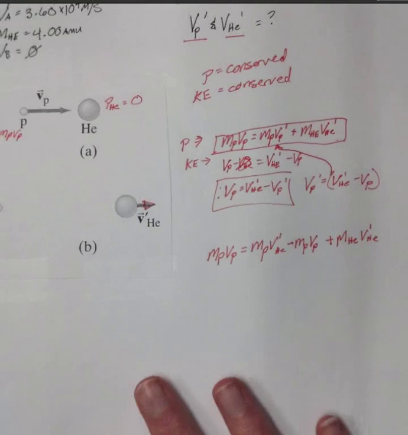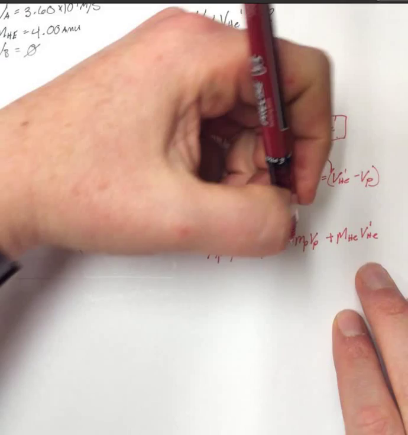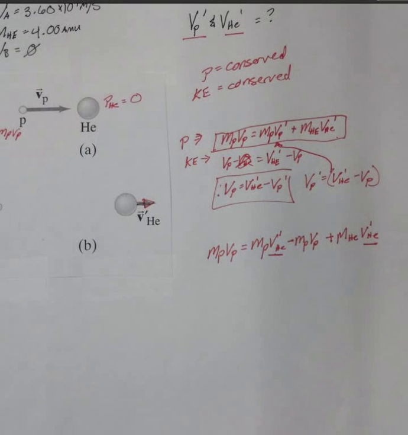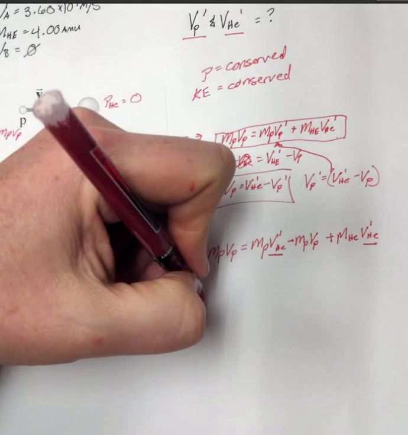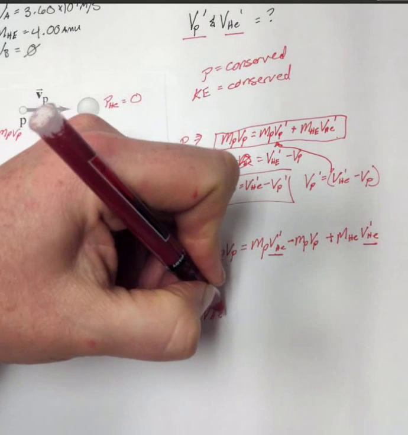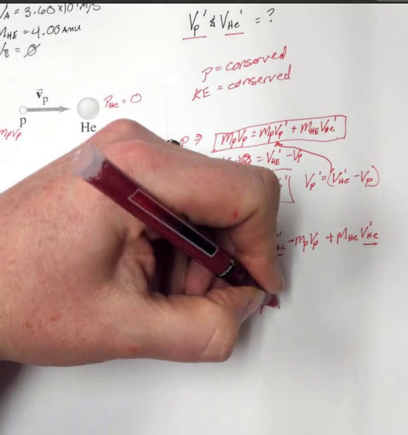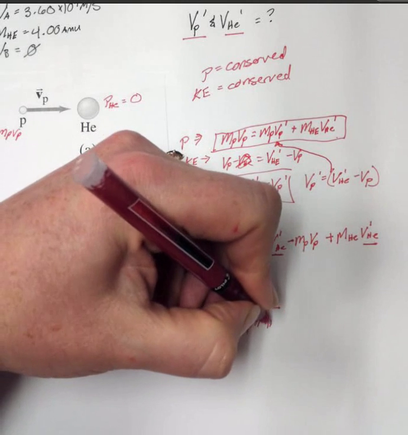So, moving on, when I substitute that into the momentum equation, we can solve now because the only unknown is Vhe'. So we're going to combine like terms and solve for Vhe'. That's going to be Vhe' is given by 2 mPvP, both known quantities, divided by mP plus mHe.